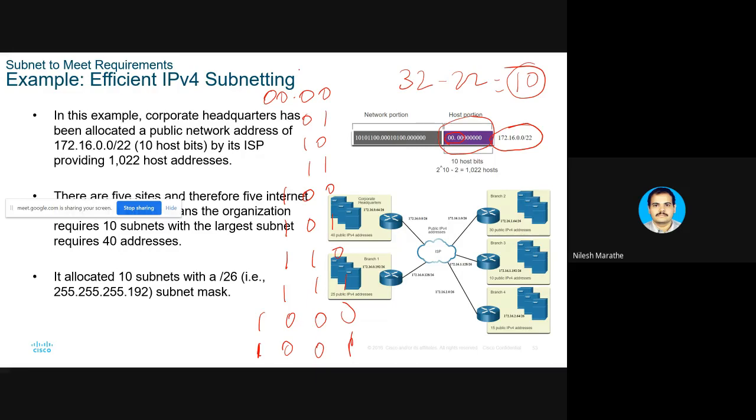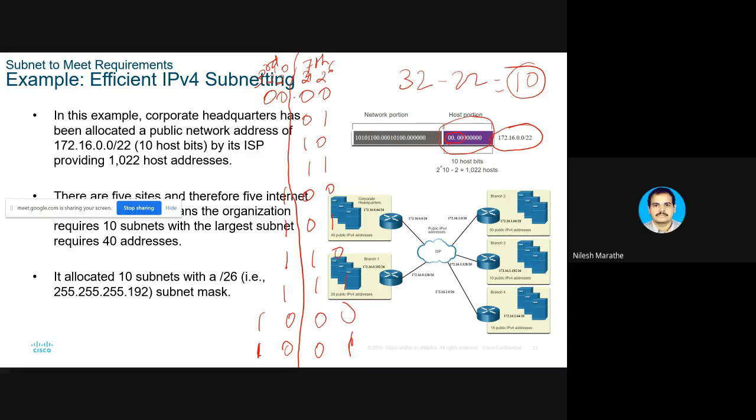Remember this octet difference. This is the last octet, this is the third octet, and this is the fourth octet. So this is the position as 2 raised to 6 and 2 raised to 7, and this is 2 raised to 0 and 2 raised to 1. Right?